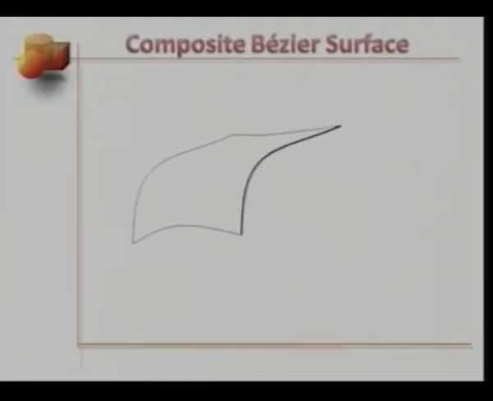Let's continue with composite Bezier surfaces. So, this here is the first patch. The corner points are R00 of patch 1, R03 of the first patch, R30 of patch 1, and if we need to maintain position continuity here, the point here will also be the 0th point of the second patch.